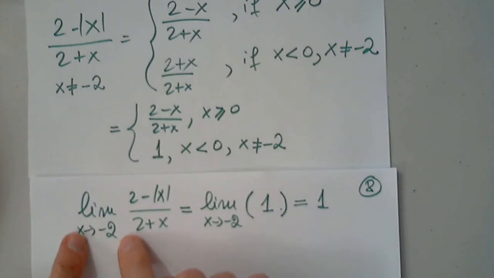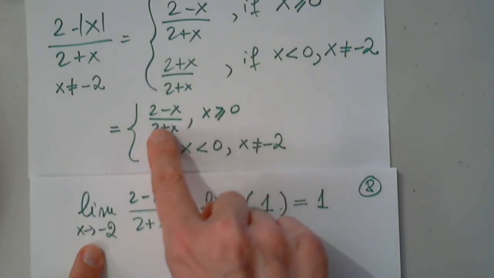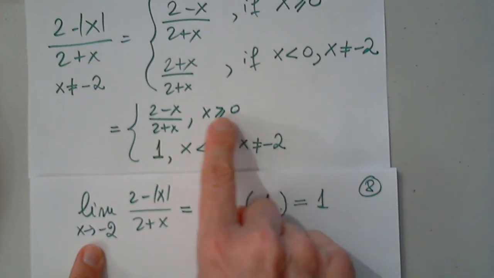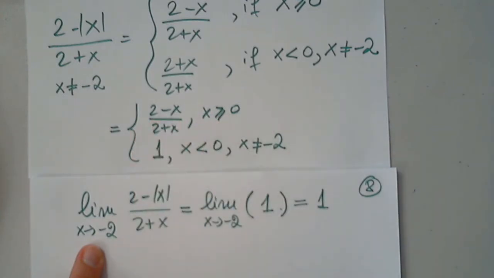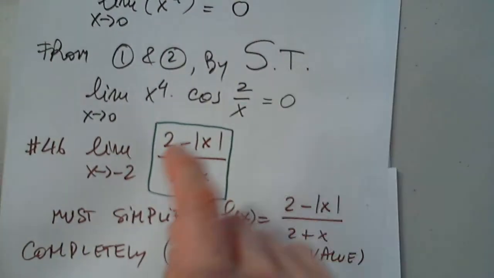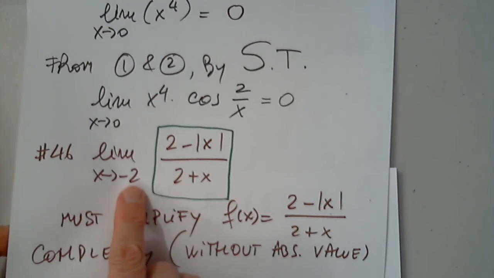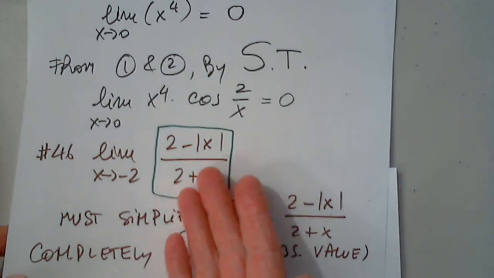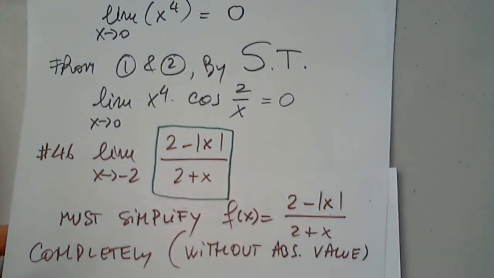If the limit is from either side of -2, can I use this expression, which exists when x is greater than or equal to 0? No. So the question was only this: as x approaches -2 from either side, but I can't do anything before simplifying.